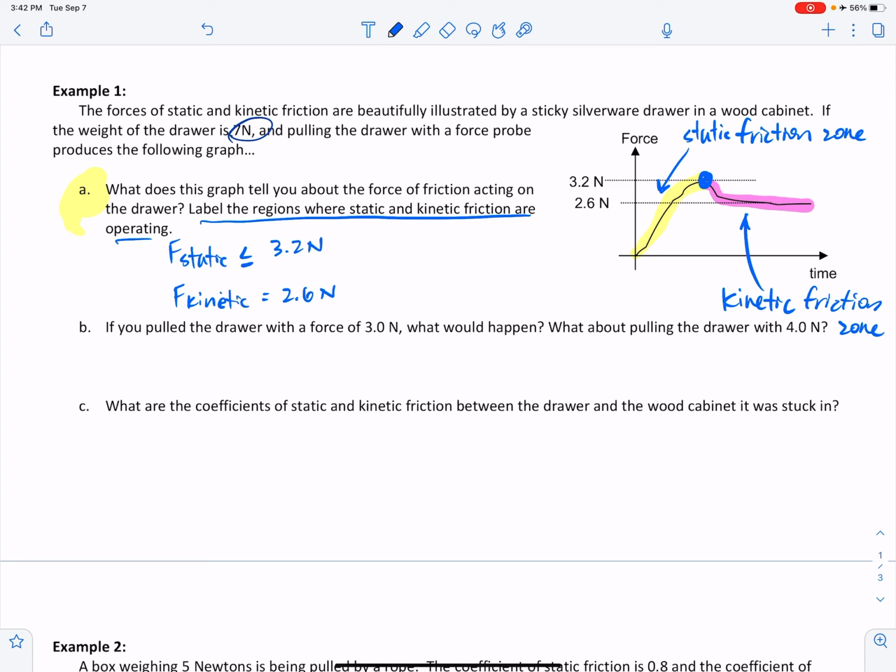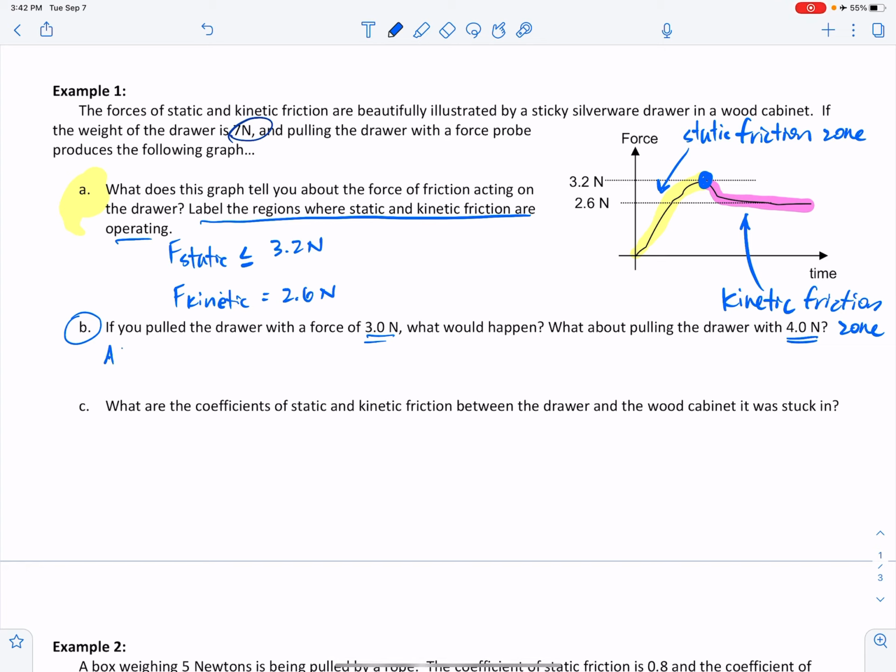All right, question B. If you pulled the drawer with a force of 3 newtons, what would happen? What about pulling the drawer with 4 newtons? So we're going to compare 3 newtons and 4 newtons. Well, if we pull the drawer with 3 newtons, then we are not exceeding the force of static friction. And so nothing would happen, right?